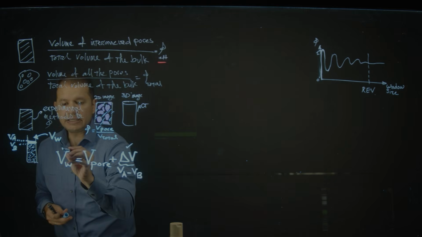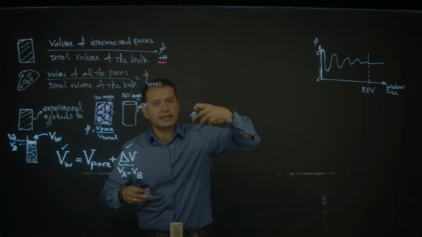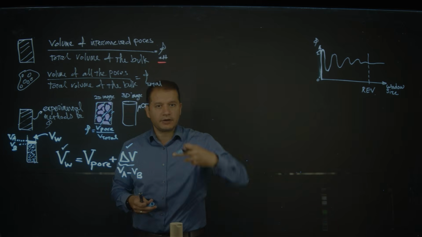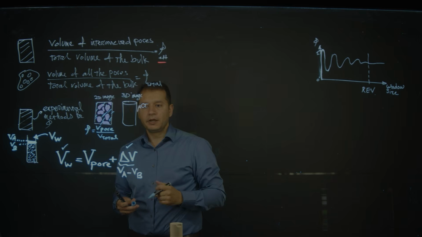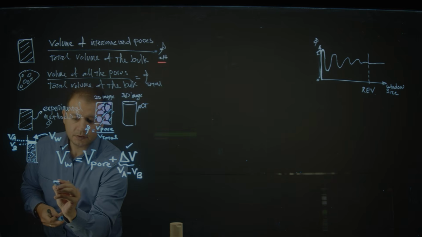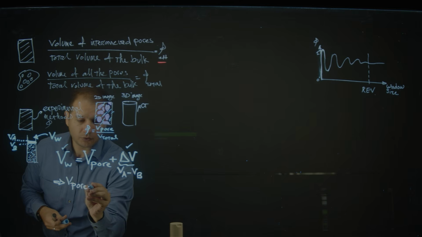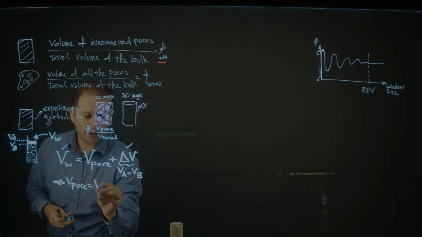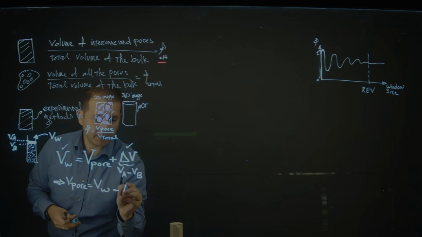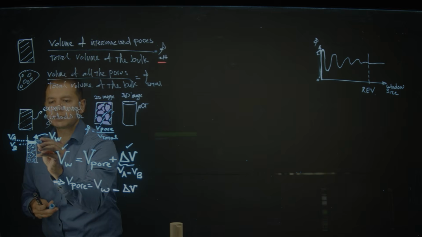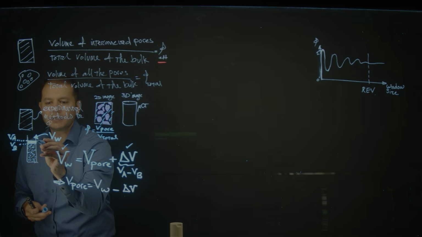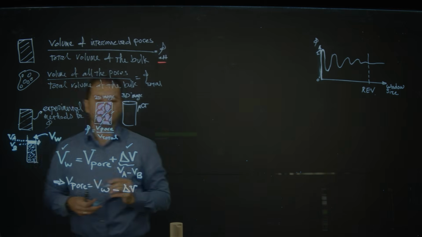And I can read the total volume because it's the second syringe I use to fill up the other one. This gives me a very simple approach to know my pore volume, which is the total water volume minus the delta V, the extra water level that is here.